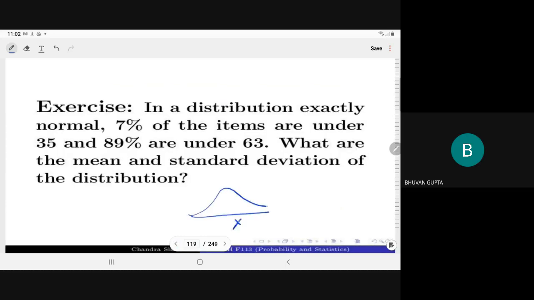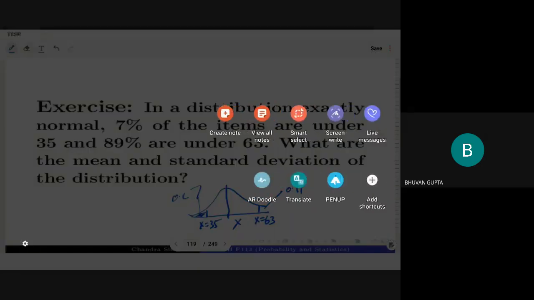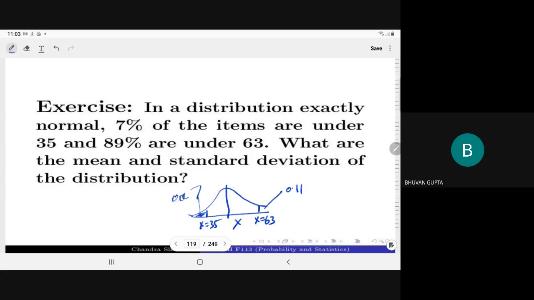Let's say it is x. 7% of the items, this side area, is 0.07, where x is equal to 35, and 89% of the area is under 63, where x is equal to 63, meaning this side area is 0.11. We have to determine mu and sigma.